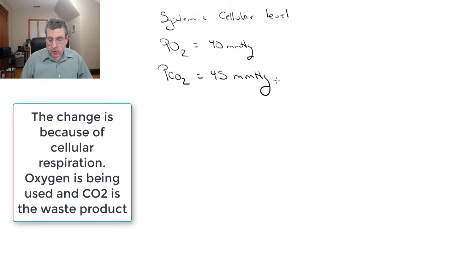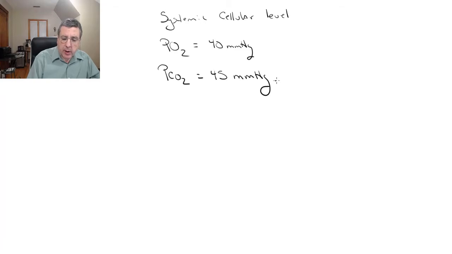Okay, so we have the alveolus. We have a partial pressure of oxygen at 104. We have a partial pressure of CO2. What did I say? Was it 5.2? No, that was a percentage. It was 40 millimeters of mercury for the partial pressure of CO2 in the alveolus.